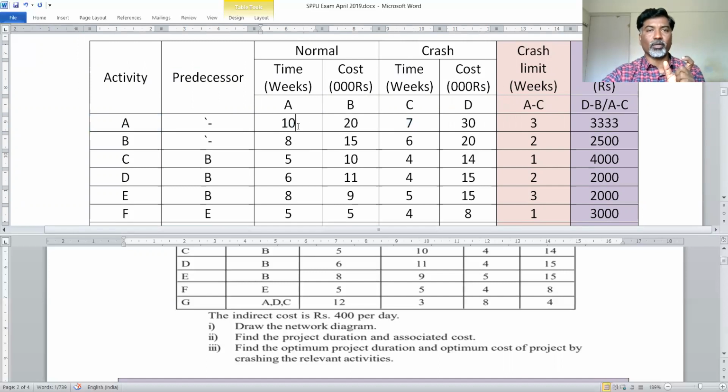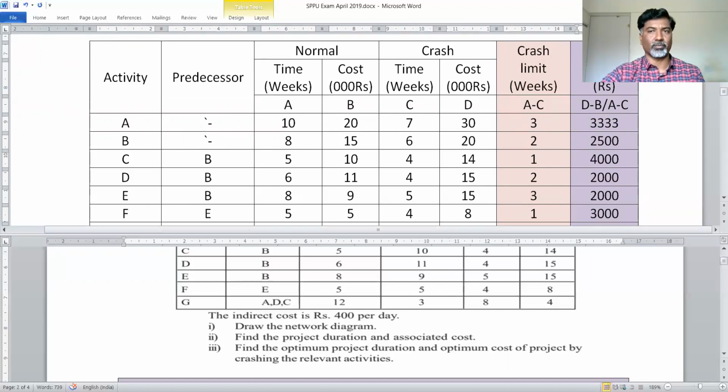So you have to do normal time minus crash time is equal to crash limit. If you do this subtraction, 10 minus 7 is equal to 3. Likewise, 8 minus 6 is equal to 2. With such mathematical operations, you will get the crash limit for each activity, meaning how many weeks you can crash those activities. Then we have to calculate the crash slope. If you crash the particular activity, what extra amount do you have to bear?